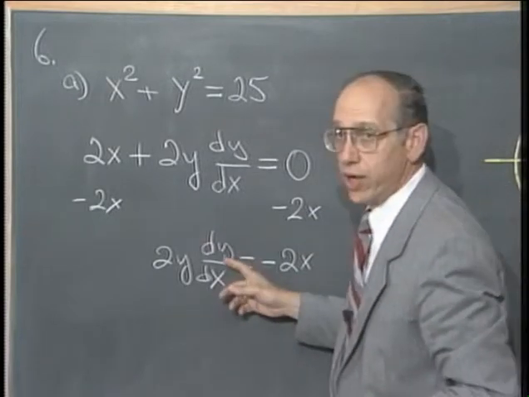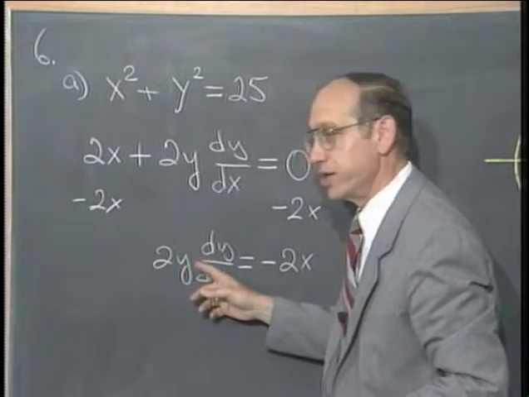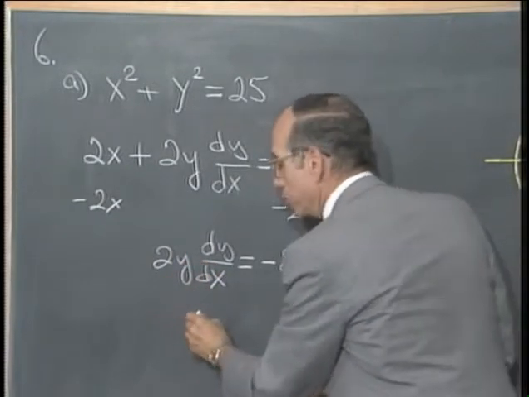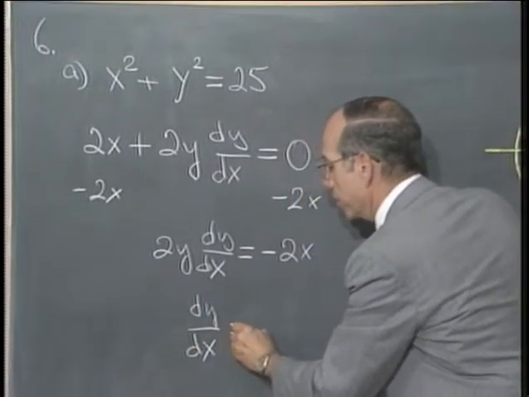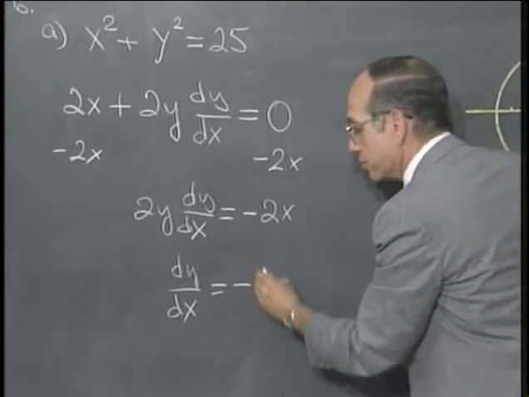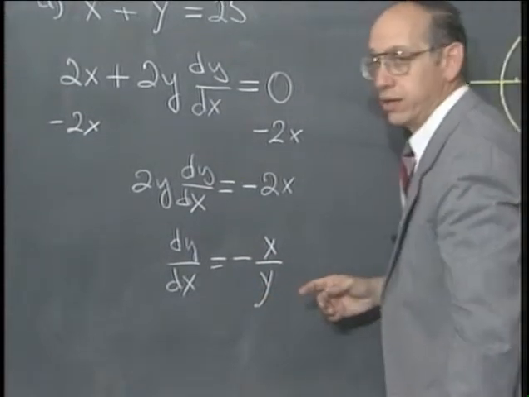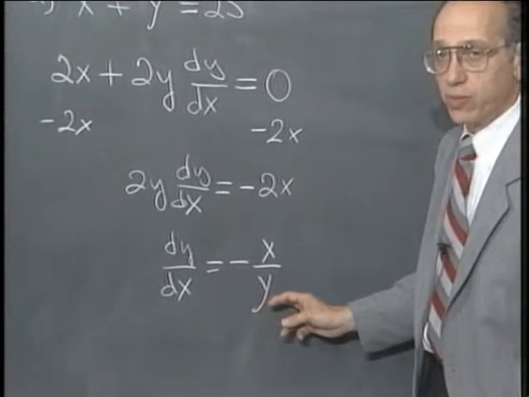Now, to solve for dy/dx, I have to divide by the coefficient of dy/dx, namely 2y. Divide both sides of the equation by 2y, and I get dy/dx is equal to minus, now when I divide by 2y, these 2's are going to cancel, so I'm going to get minus x divided by y. That's the derivative of y with respect to x in terms of x and y.